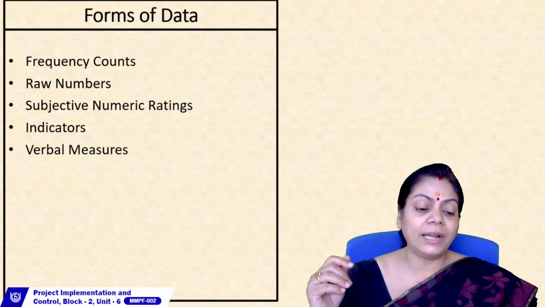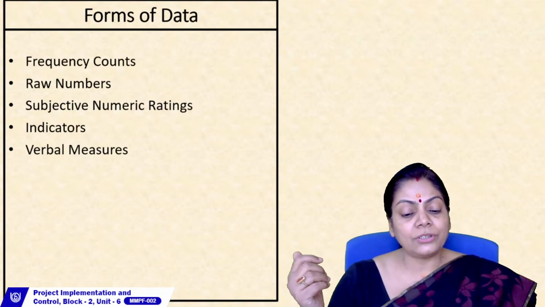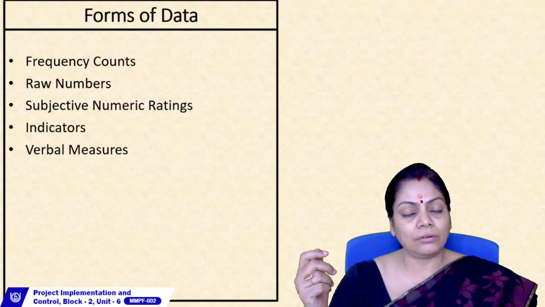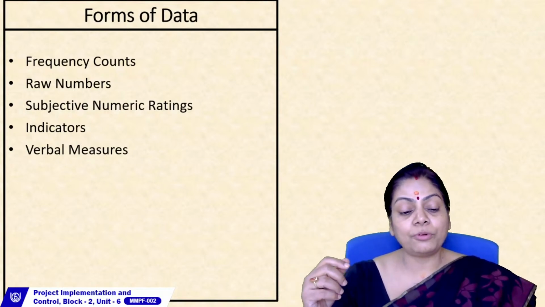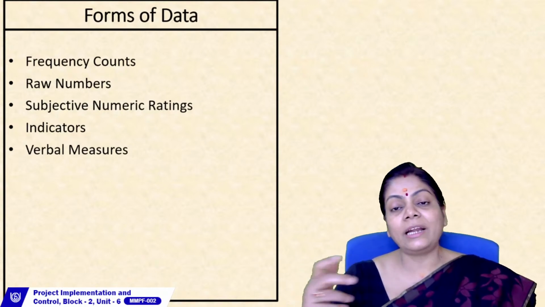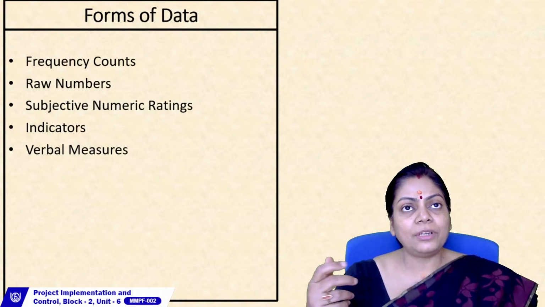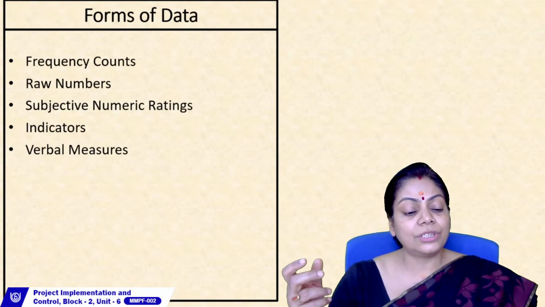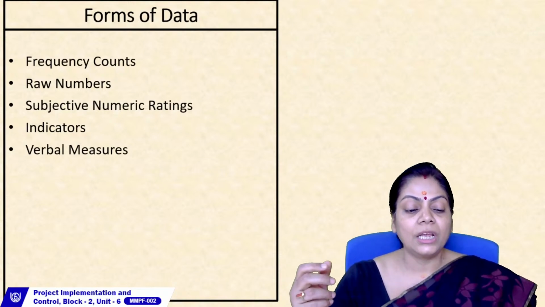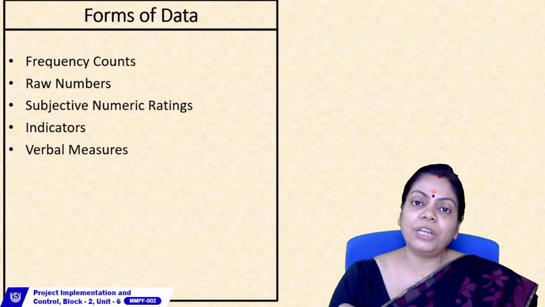You can also have indicators. When the manager cannot measure some aspect of system performance, if there is no direct available measure, you can find an indirect measure, which is just like an indicator. For example, the speed with which orders are processed and changes are incorporated in the project is a good measure of a team's efficiency.